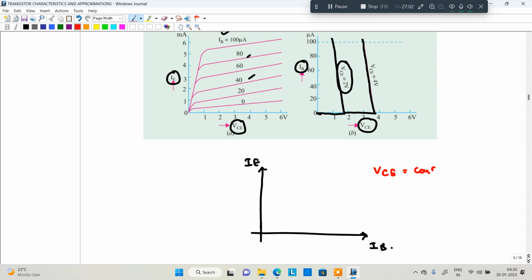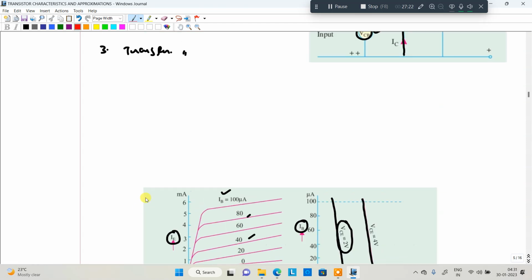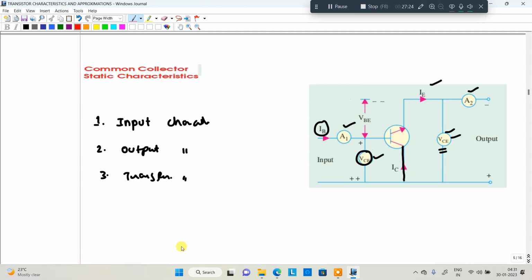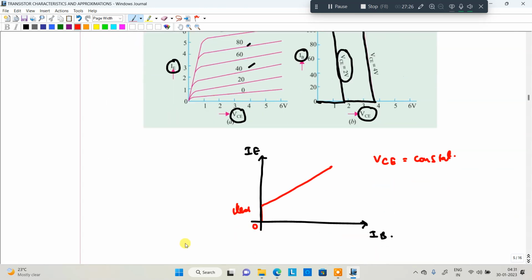VCE constant. Initially IB is equal to 0, that is the input terminal should be open circuited, then some leakage current will be flowing. This is the leakage current. After that the graph will be like that. This is the transfer characteristics, same as the common emitter configuration. This is about the characteristics of the three configurations.